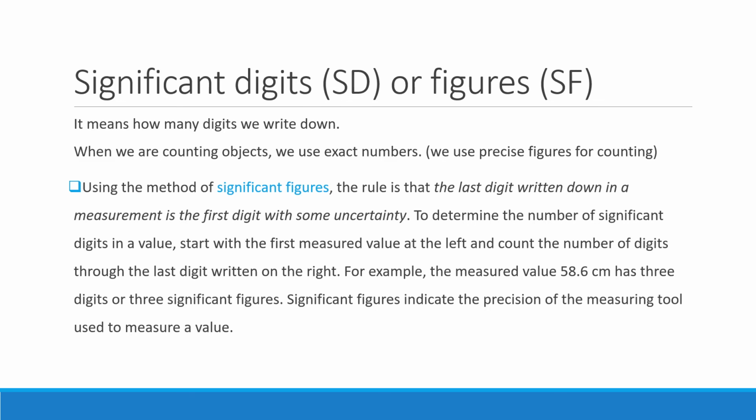To determine the number of significant digits in a value, start with the first measured value at the left and count the number of digits through the last digit written on the right. For example, the measured value 58.6 cm has 3 digits or 3 significant figures. Significant figures indicate the precision of the measuring tool used to measure the value.